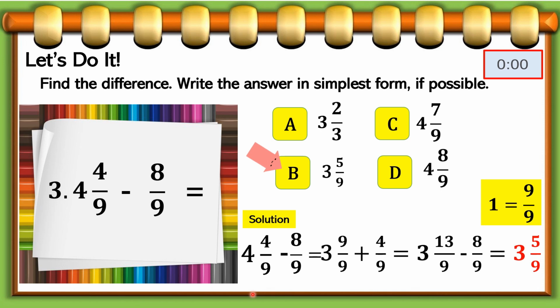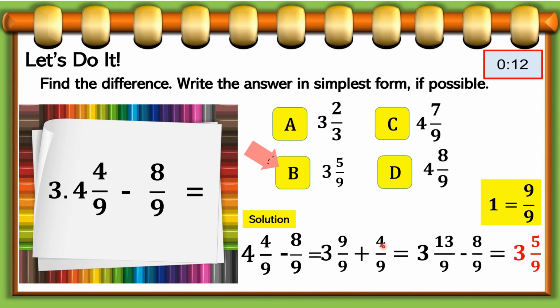For our solution, subtract the numerators. 4 minus 8 this cannot be, so we're going to get 1 whole from 4 and rename the 1 whole as 9 over 9. So we have 3 and 9 over 9. Then we're going to add 4 over 9 to 9 over 9.